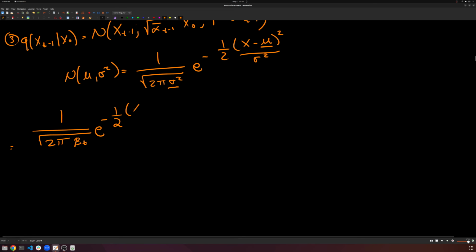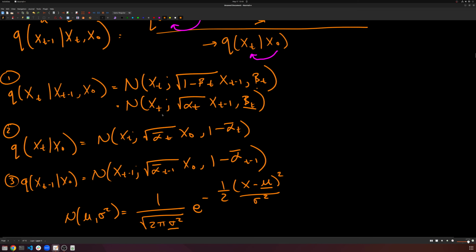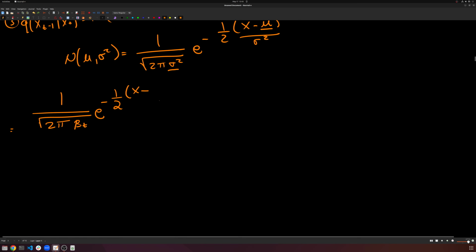And then we have x minus, what's our mean? Our mean was the square root of alpha hat t times x_{t-1}. So that's x minus square root alpha hat t x_{t-1}, squared, divided by our variance, which again was just beta_t. So that's the first one.